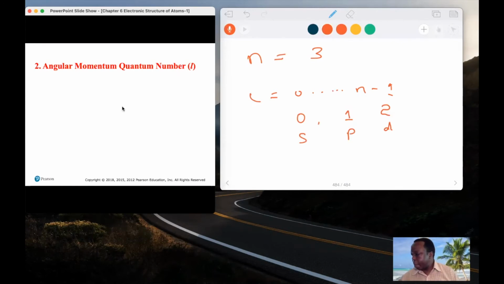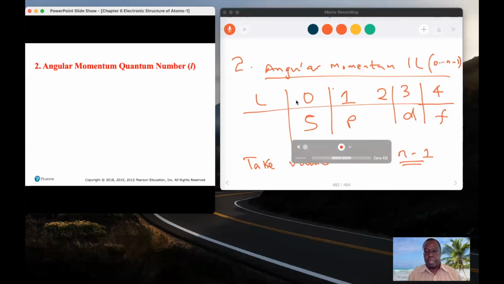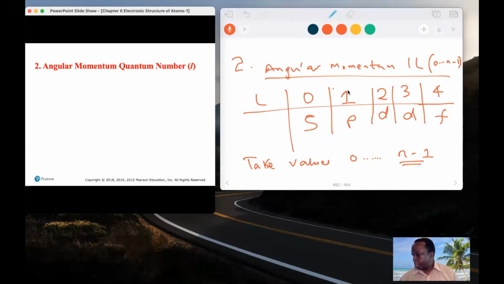What I mean here are possible values, not all of them. If n equals 3, we can have 0, we can have 1, we can have 2. And remember, the values I'm getting here, you need to commit to your memory. I meant to say this is d, and here is f. Sorry about that. This is d, and then f, and then g. We don't go to g.